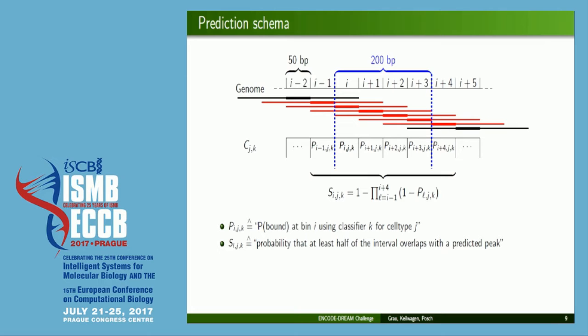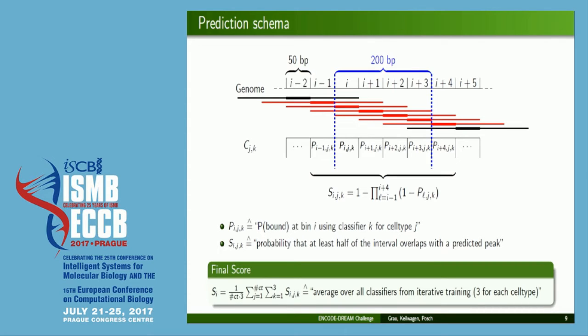This has also been the criterion for defining the labels initially from the ChIP-seq data, so this is consistent with how the labels have been derived. And we now have different classifiers from the iterative training procedure, and we have different classifiers for the different training cell types. And our final prediction score is just the average over all those derived probabilities.